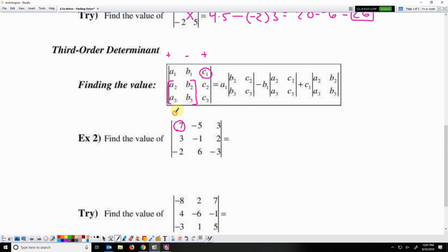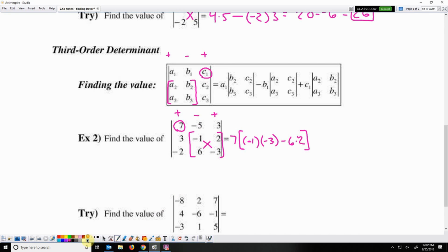Okay, so here we go. 7, and this one is positive, then negative, then positive. So we've got positive 7 times the matrix from these 2 bottom rows in the right 2 columns. So we've got the main diagonal, negative 1 times negative 3, minus 6 times 2. Then we move over to the next.